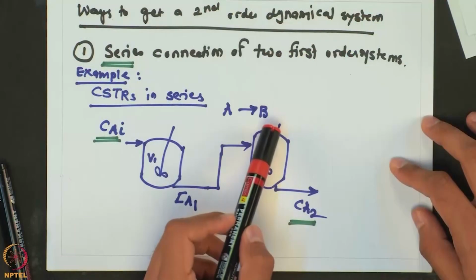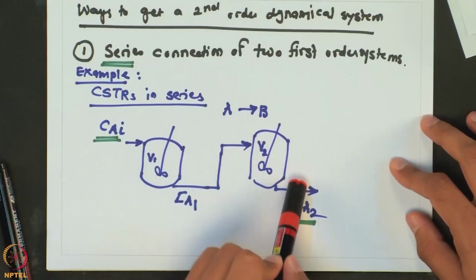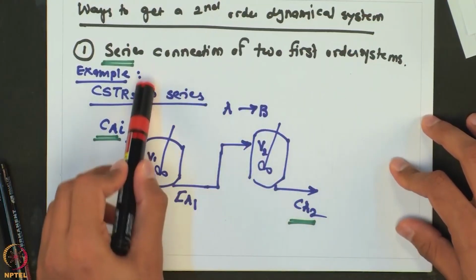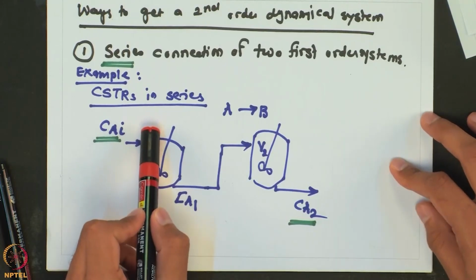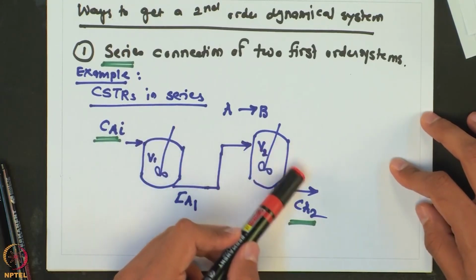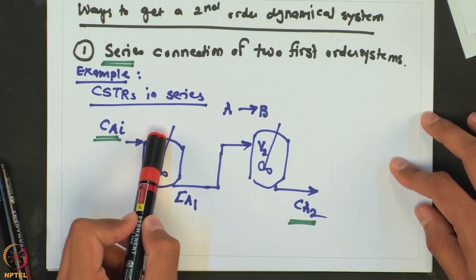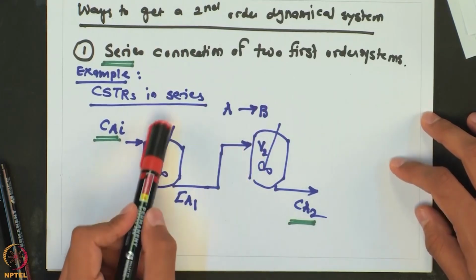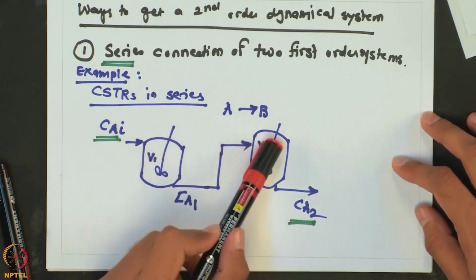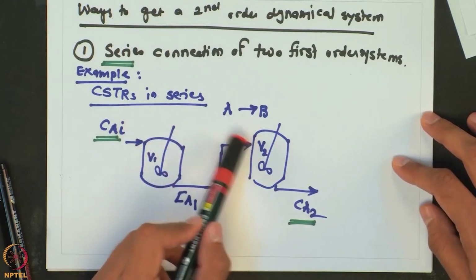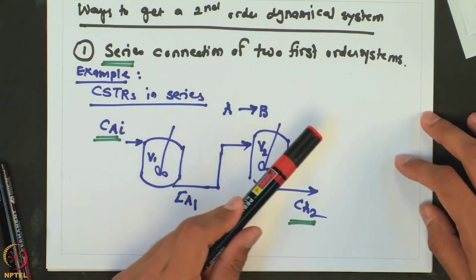You may be wondering, can we have an interacting series connection between these two tanks? Yes, we can. Let us say there was some sort of a recycle going from this particular stream back to the reactor. In that case, any variations in reactor 2 would also affect reactor 1, and this kind of series connection will be called an interacting series connection between two first order systems.